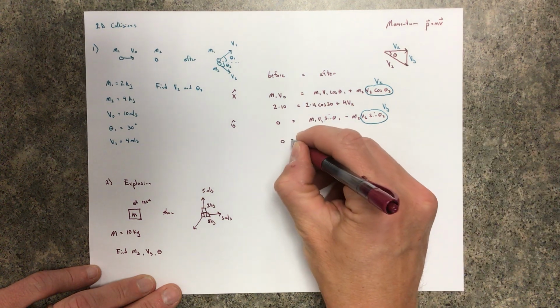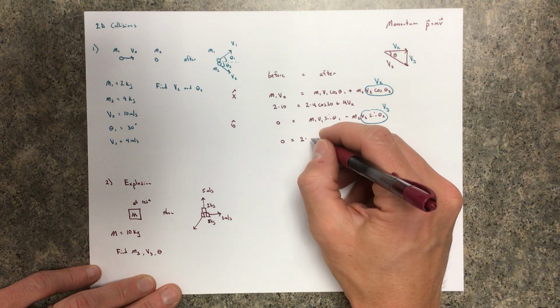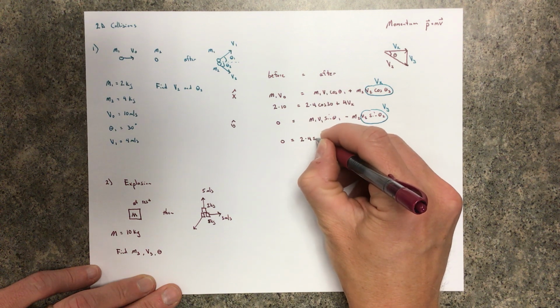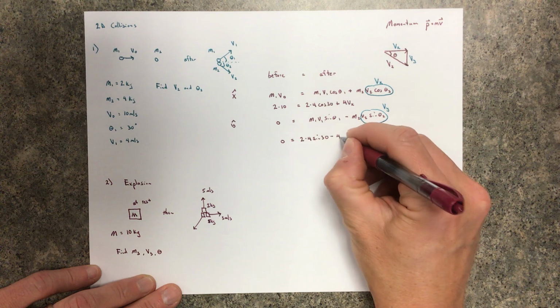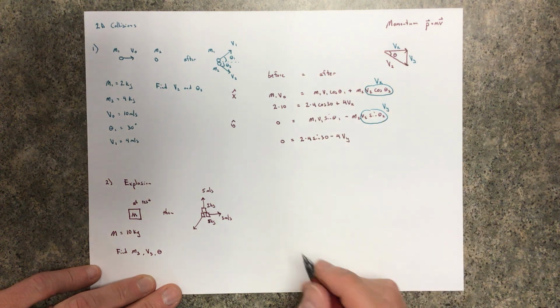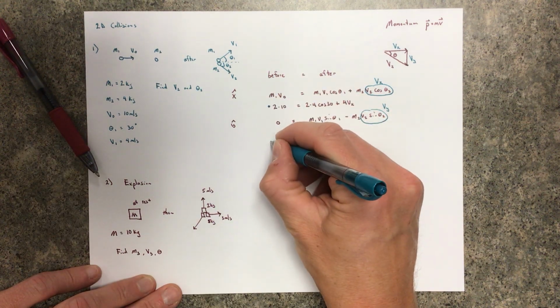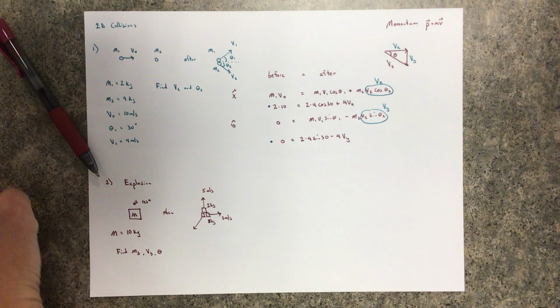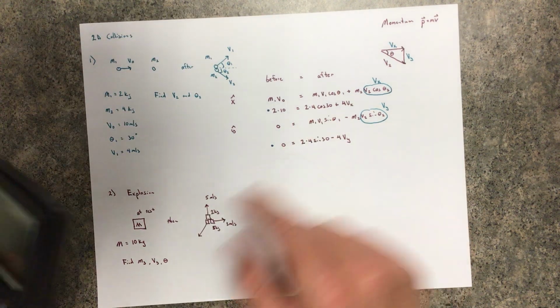And then 0 equals 2 times 4 sine 30 minus 4 Vy. Look how much easier this equation now is and this equation is. So I turned them from two equations and two variables to actually separate one variable, one equation.